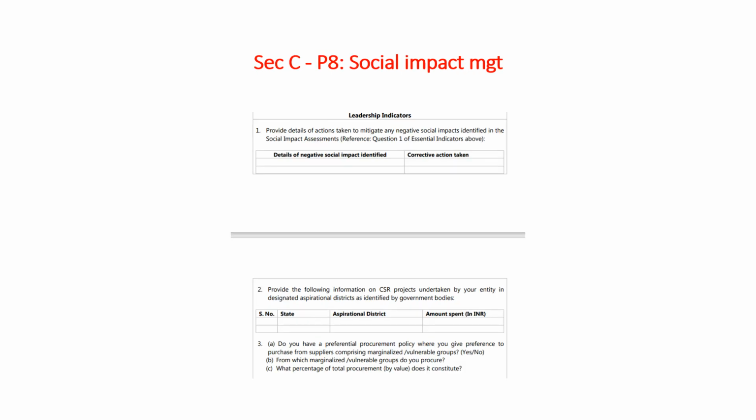Social impact. This is leadership indicators. Provide details of action taken to mitigate negative social impact identified in the social impact assessment, and provide the following information on CSR project undertaken by your entity in the designated aspirational districts as identified by the government bodies.